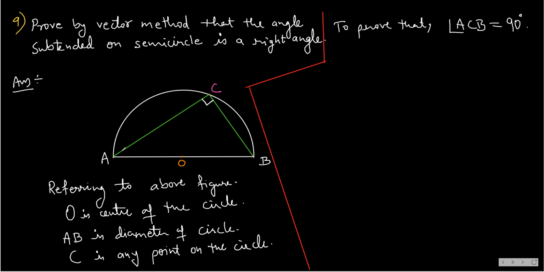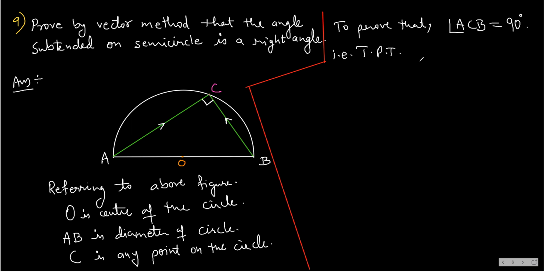Now see, students, to prove angle ACB is equal to 90 degrees, that is to prove that vector AC bar dot vector CB bar, or BC bar, whichever way you say, it's one and the same thing.